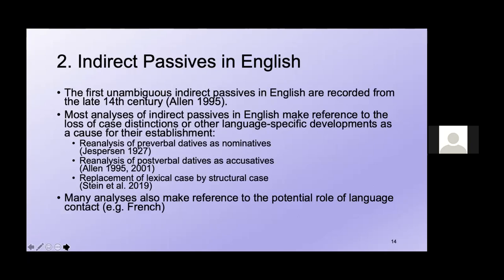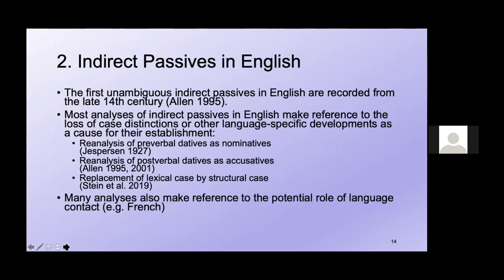Now, the first unambiguous examples of indirect passives in English are recorded from the late 14th century, as Allen established in her study in 1995. Most analyses of indirect passives in English make reference to the loss of case distinctions and other language-specific developments as a cause for their establishment.